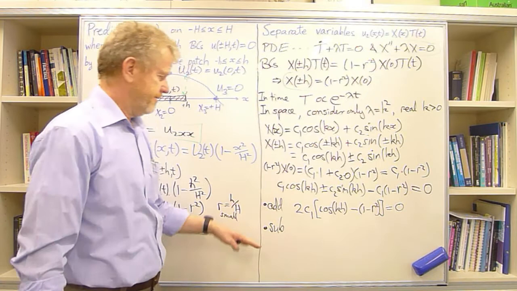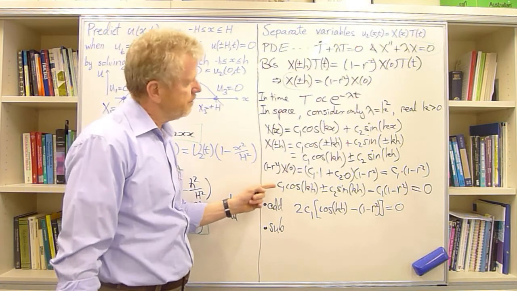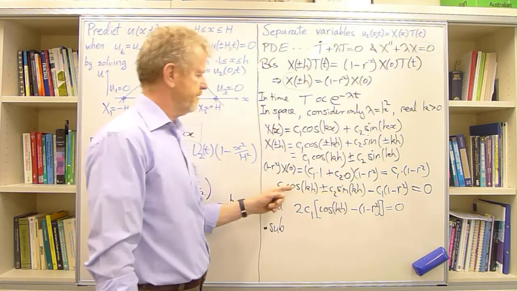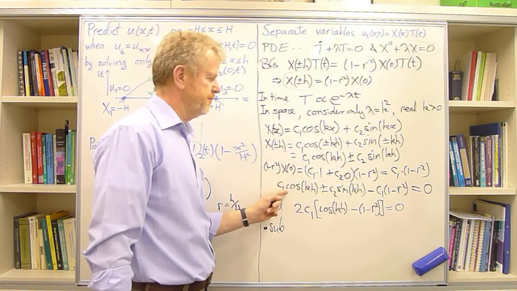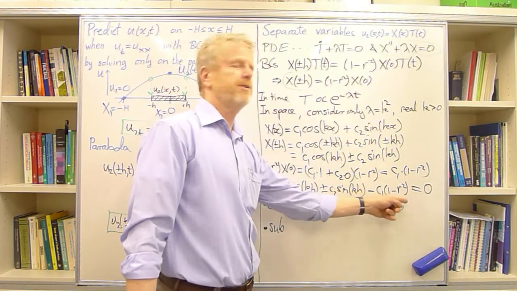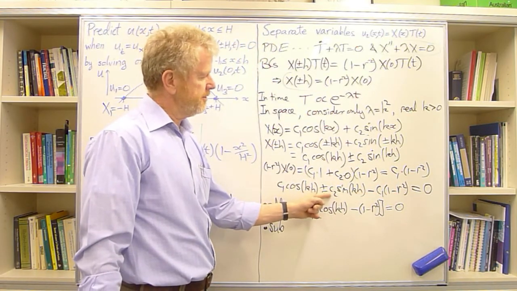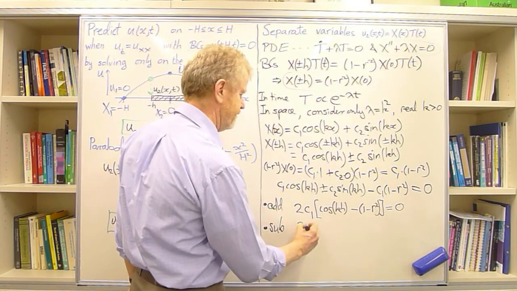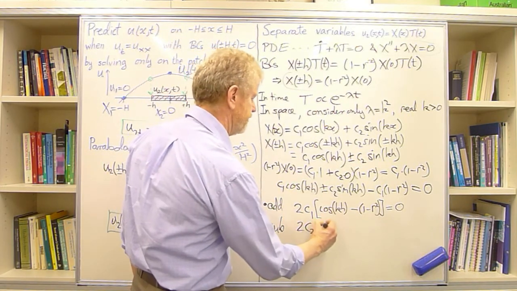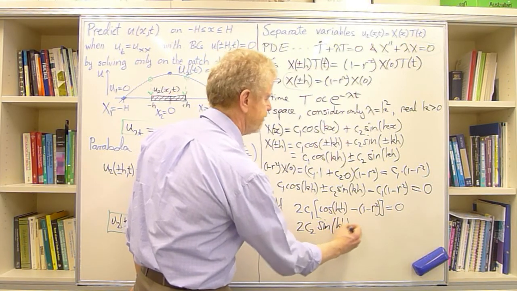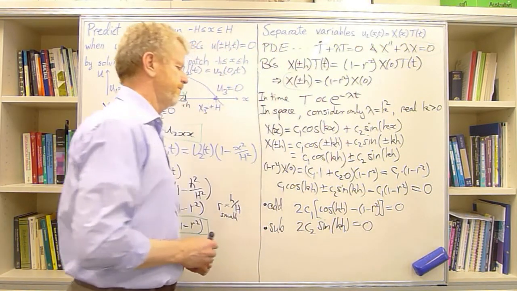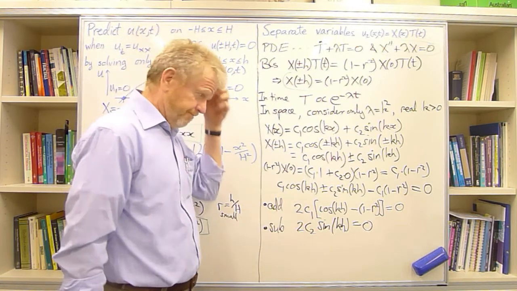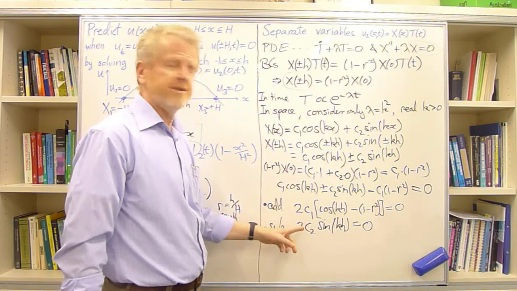And then a second equation we can get by subtracting the two cases. When we subtract the two cases, this c1 cos term vanishes, as does this c1 times 1 minus r squared, but this sine term reinforces. Plus case minus the minus case gives us 2 c2 sine kh is equal to 0. Now we need both of these to be satisfied, and we want non-trivial c1 and c2.